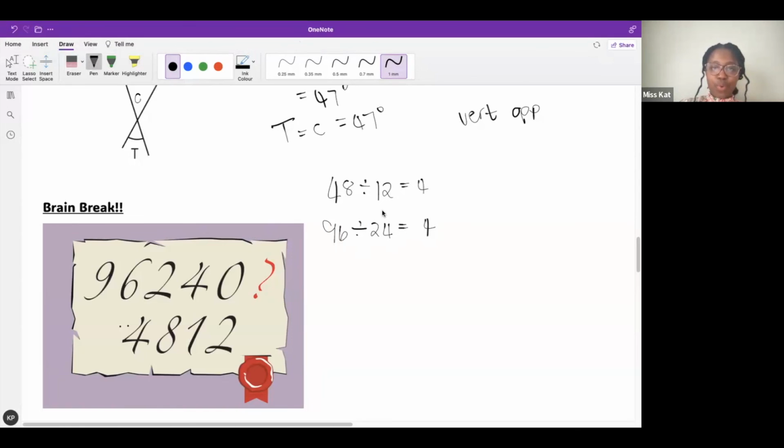You say 4. Can you guys see what's going on? So previous number divided by next number is a 4. So this number divided by whatever's next to it is a 4. So 24 divided by 6 is a 4.